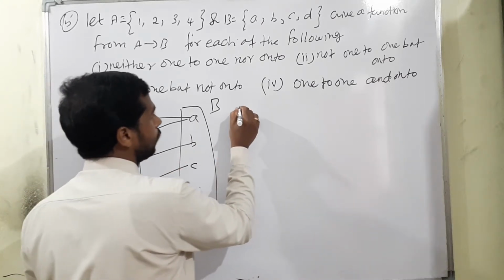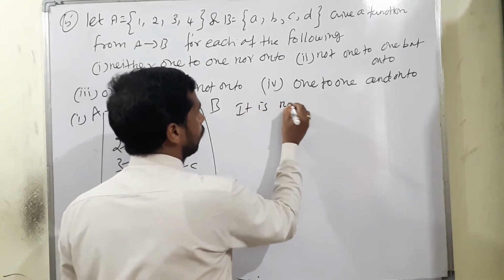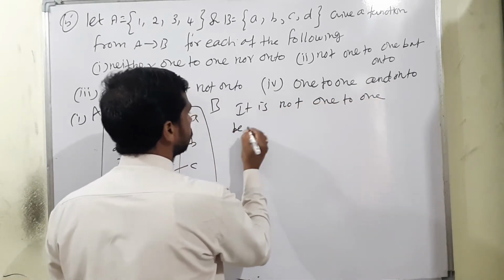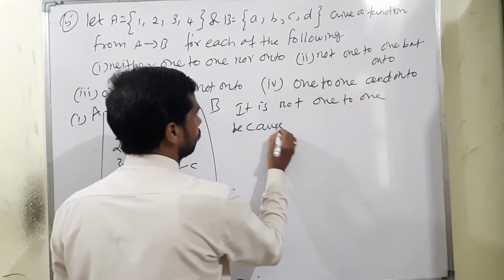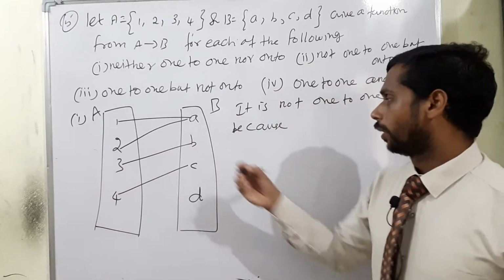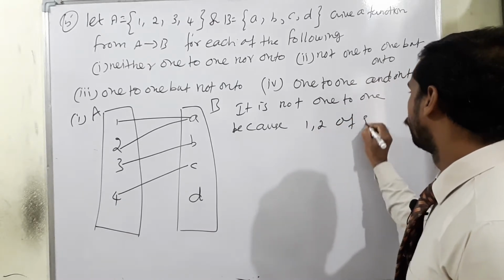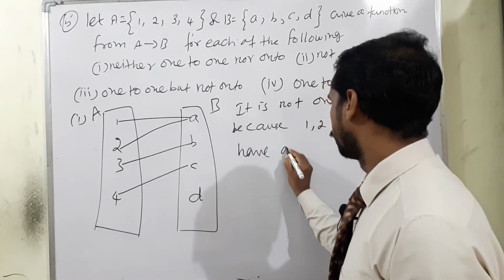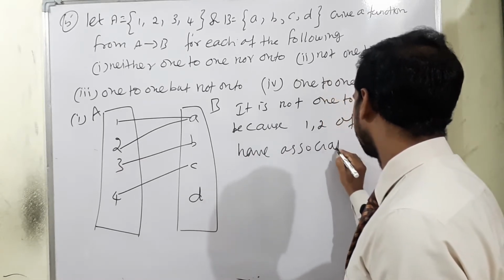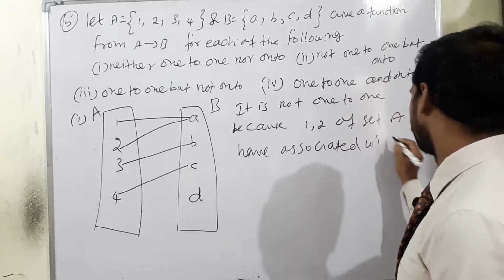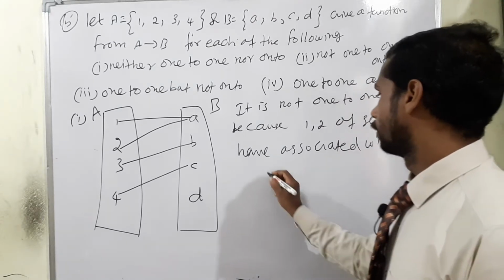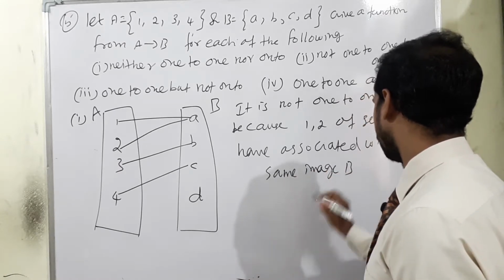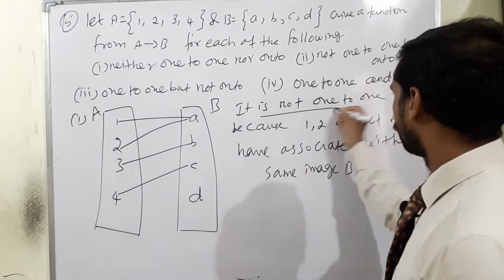It is not 1 to 1 because 1 and 2 of set A have associated with the same image in B.